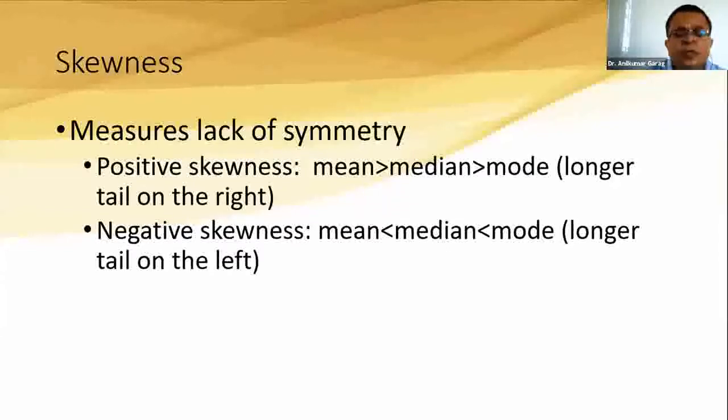But if mean is more than the median and median is more than the mode, then what happens? There is a tail on the right side. There is skewness in the distribution. Similarly, there is a negative skewness when mean is less than the median and median is less than the mode. There is a longer tail on the left.